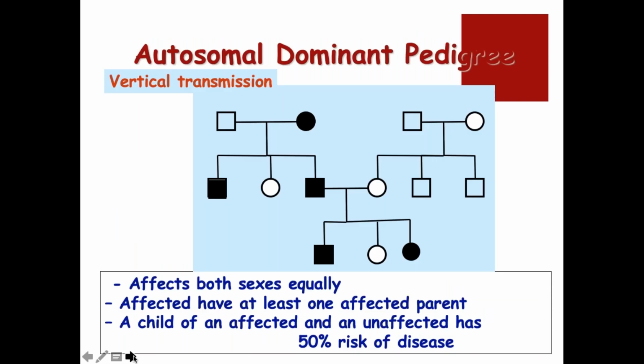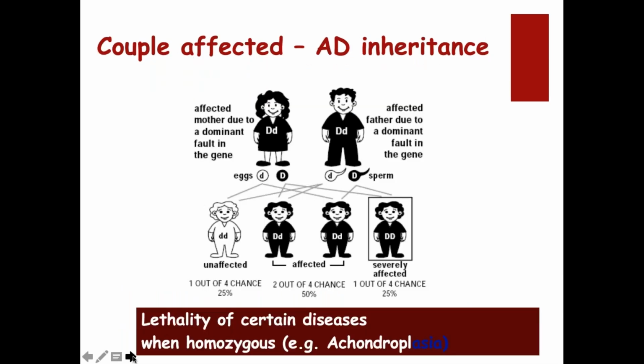So a classic autosomal pedigree. We'll just skip this slide. Most of these autosomal dominant individuals die in utero, and most of these autosomal dominant disorders are usually de novo. That means neither parent has that problem.